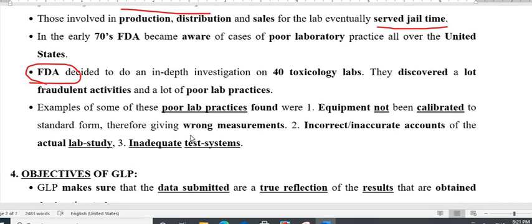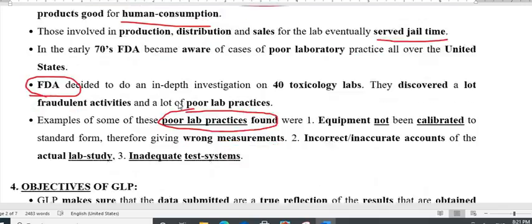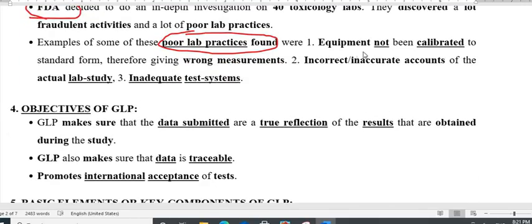So what were the poor practices found in the labs at that time? The poor practices found in labs like IBT were that the equipment was not even calibrated. If the equipment was not calibrated, then how will you get the measurement accurately? So the measurement of the equipment was wrong.